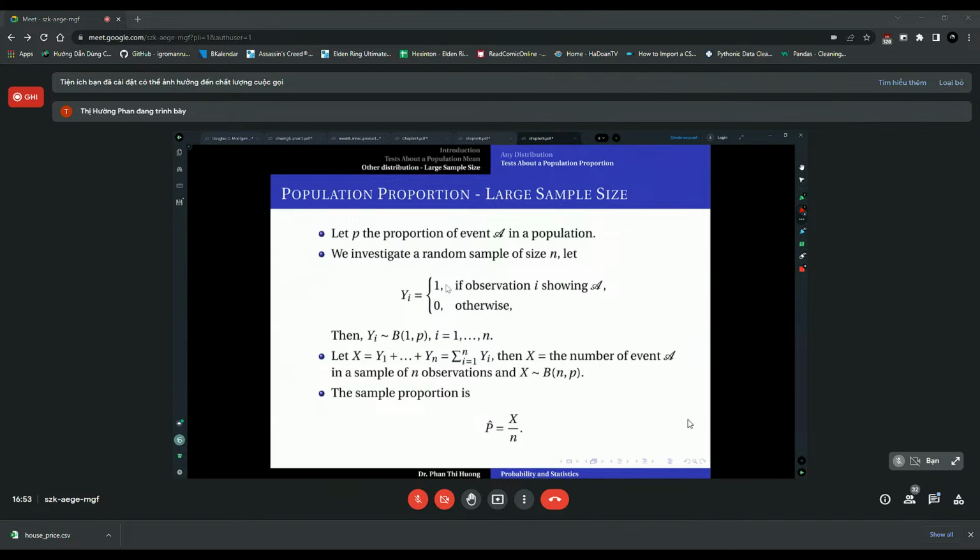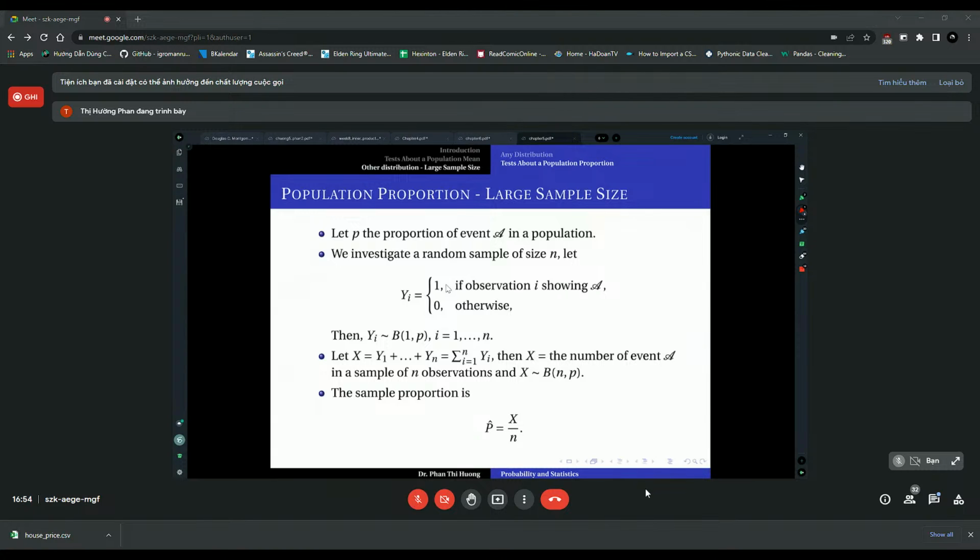In this case, the proportion of event A in the population is a parameter, because unless I can survey every student in our university, I cannot know the percentage of students taller than 158 centimeters.